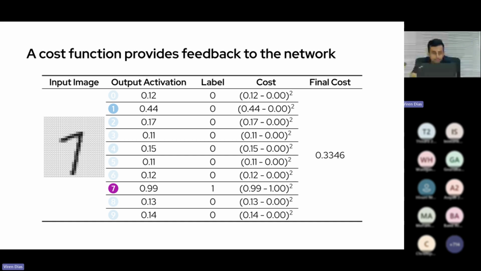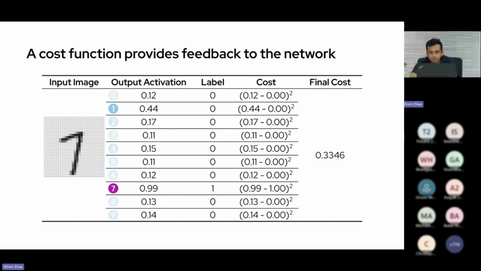So you notice that when the network confidently classifies the image, in this case, it assigns 0.99 activation to 7, the cost is small. But when it's not so sure, for instance, if some of the other values were maybe closer to 0.5, 0.6, and maybe the 7 was at 0.8 or something, you can see that the cost will be larger, even though it does ultimately classify the image correctly.